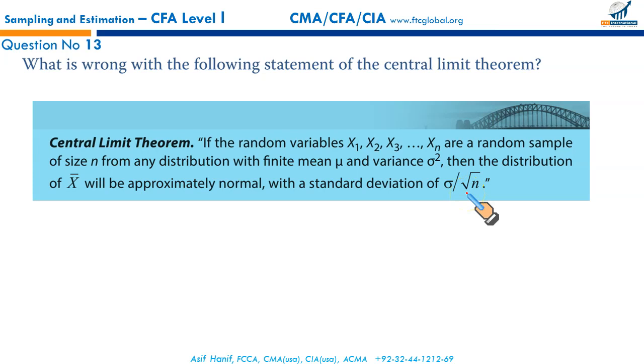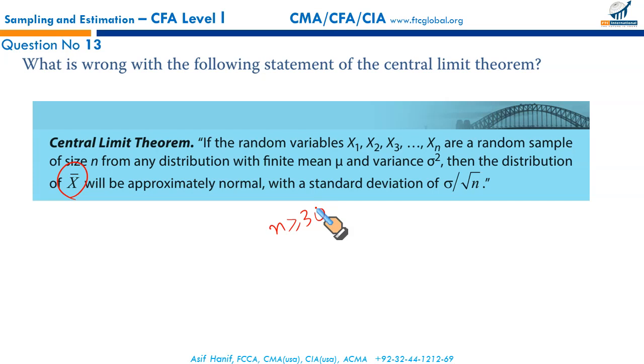What is wrong with the statement? The statement makes the following mistakes. First, given the condition in the statement, the distribution of x bar will be approximately normal only for large sample size, where n is greater than or equal to 30.